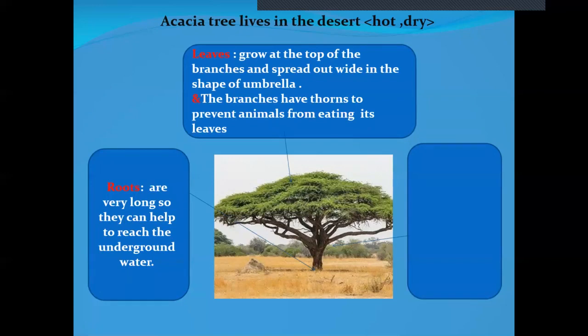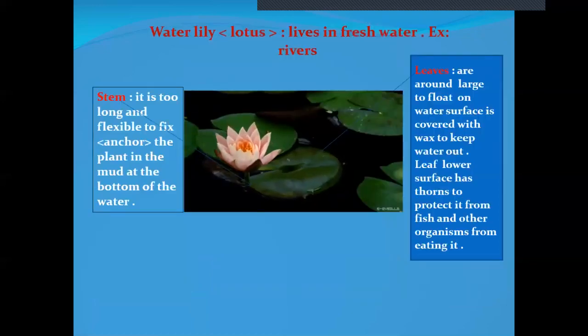Number one, branches have thorns to prevent animals from eating its leaves. Number two, roots. Roots are very long, so they can help acacia tree to reach the water underground.